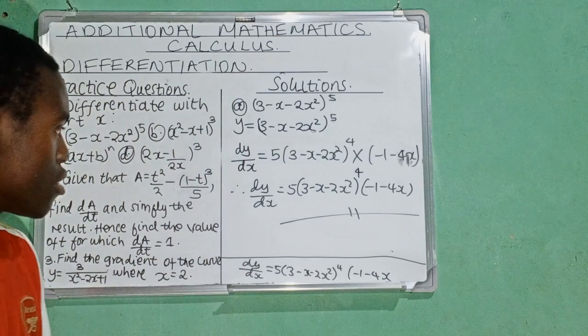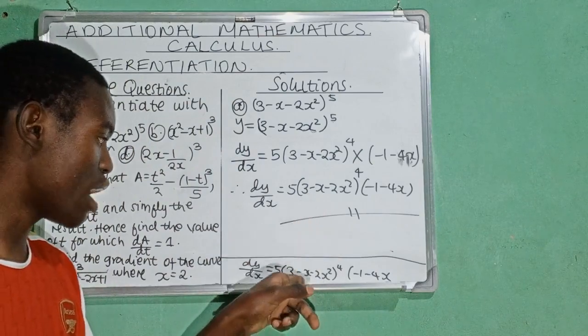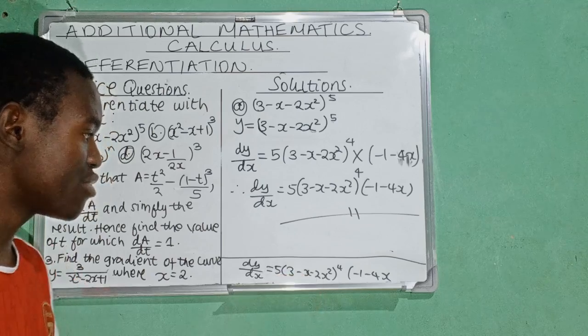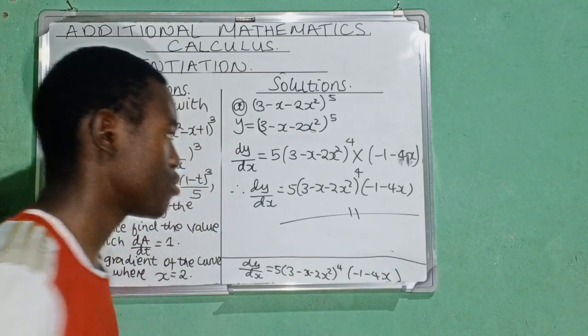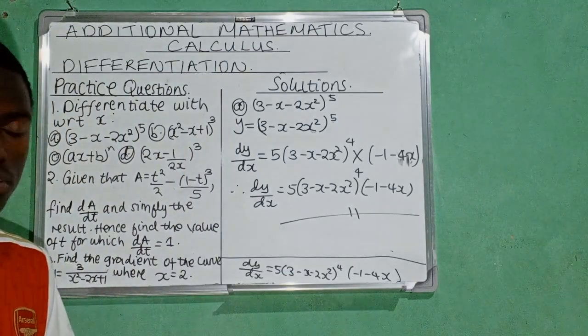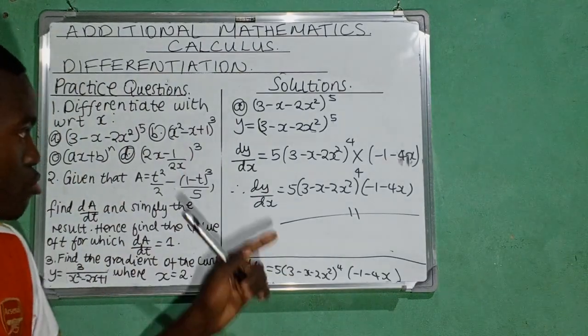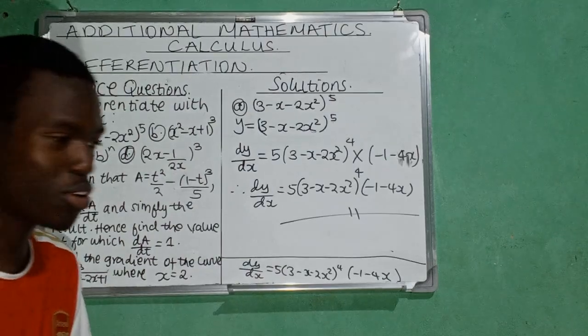If you compare this answer to the answer we found right here, these answers are the same, which shows that you can use either one of the two methods, whichever you are comfortable with.